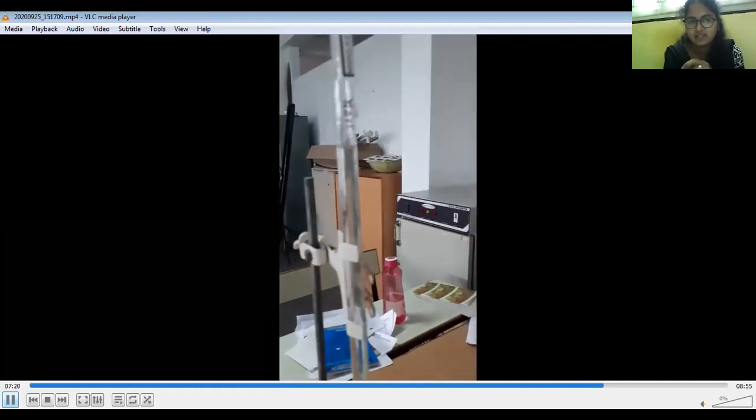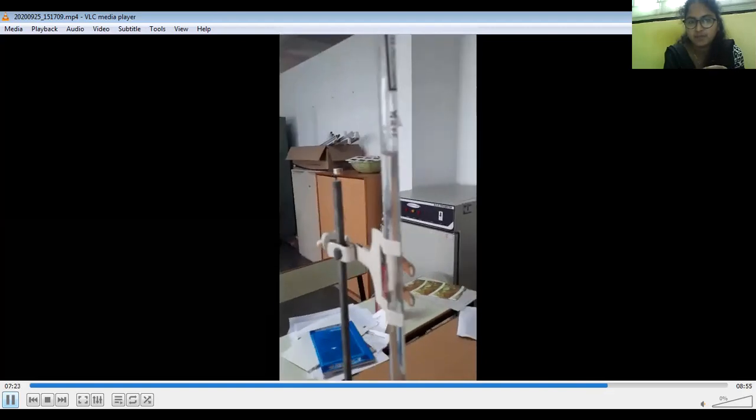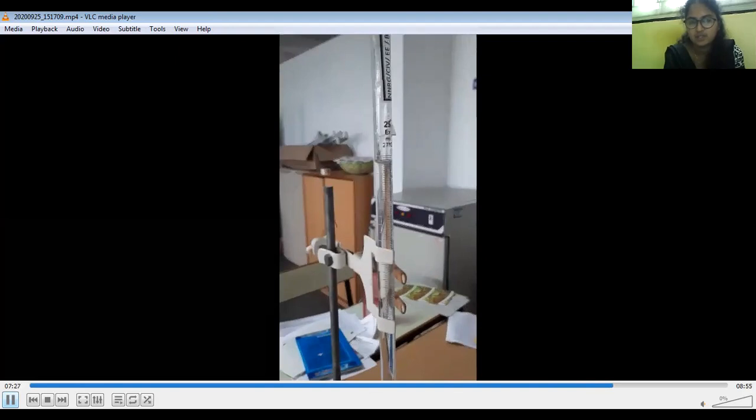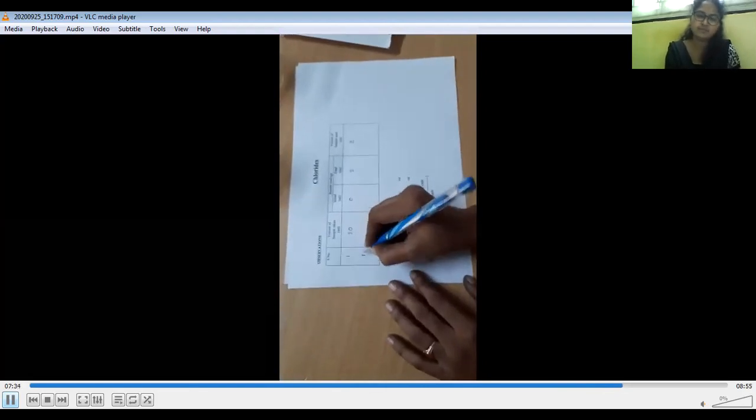That value is 0.4. So, as we have the values, they will be noted in a tabular column.